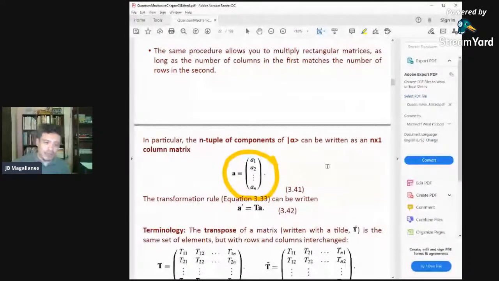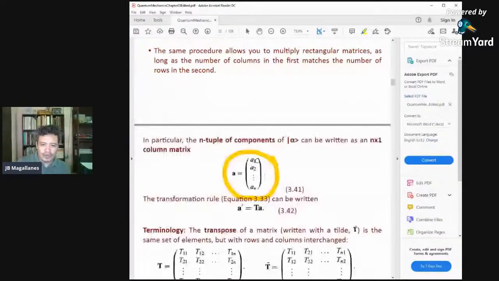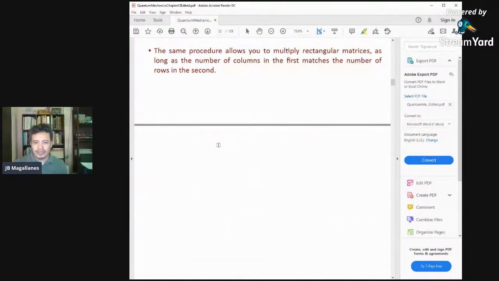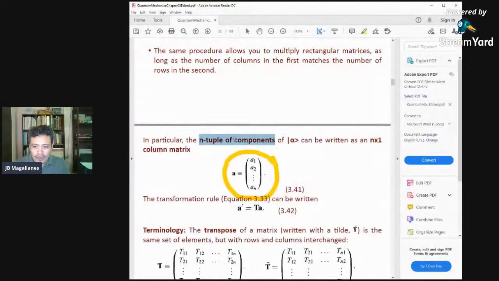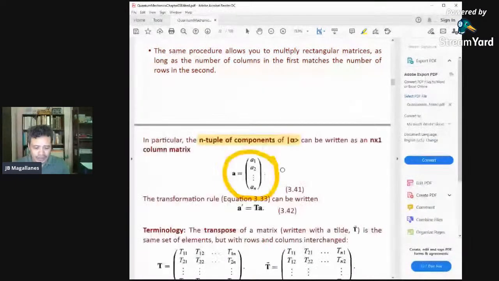This is a column matrix in which a vector can be written. The vector can also be written as a row matrix, or in this case, as a column matrix with components A1, A2 until AN, representing the vector alpha. So the n-tuple of components of alpha can be written as an n by 1 column matrix.